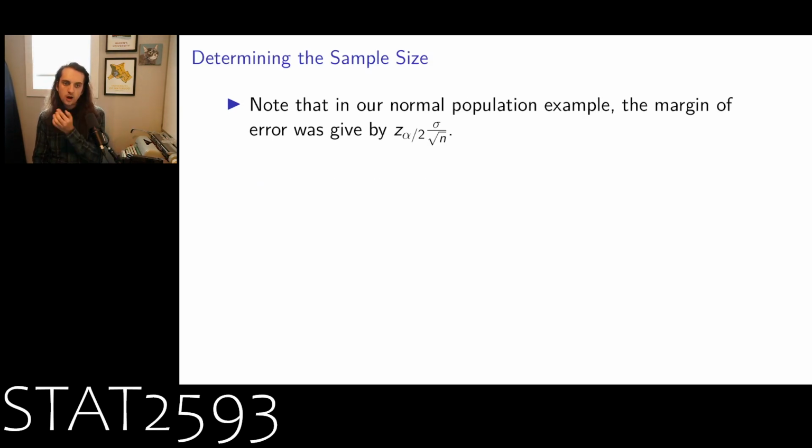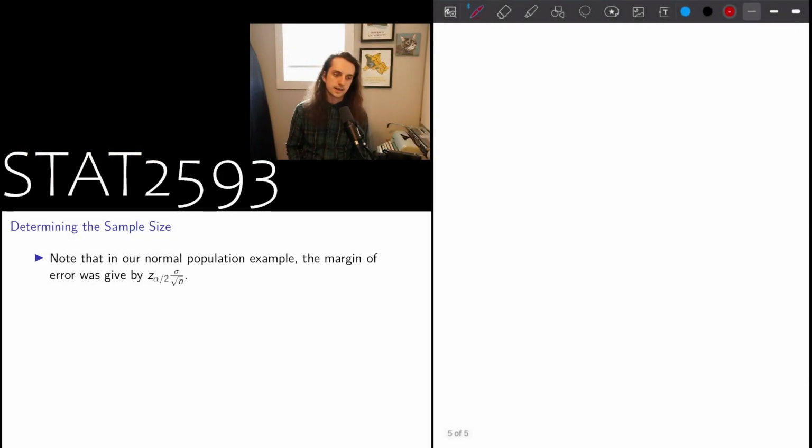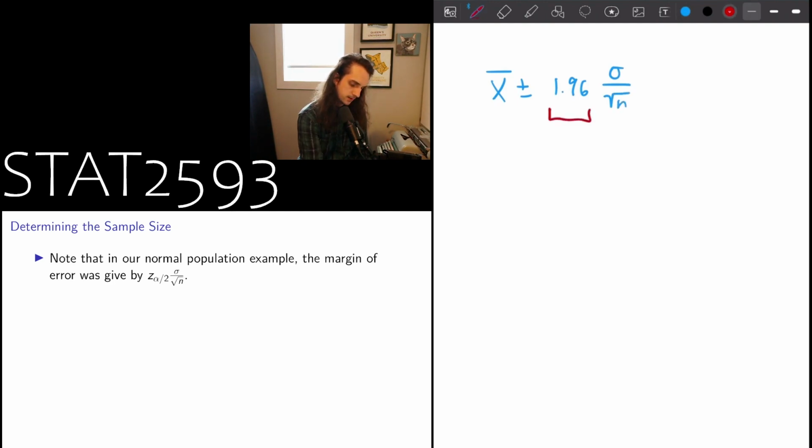Okay, so we saw in the case of the normal population, and let me pull open the board over here again, that the confidence interval for a 95% confidence level was x bar plus or minus 1.96 times sigma over the square root of n. Now, this 1.96 was just the value of z for alpha over 2.